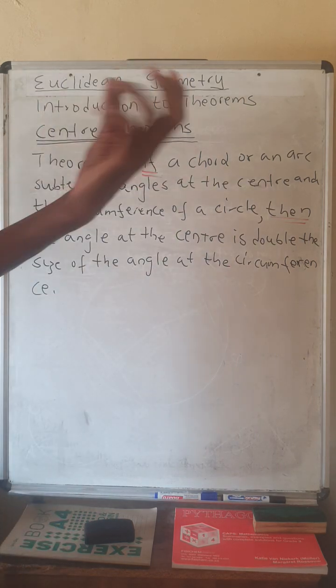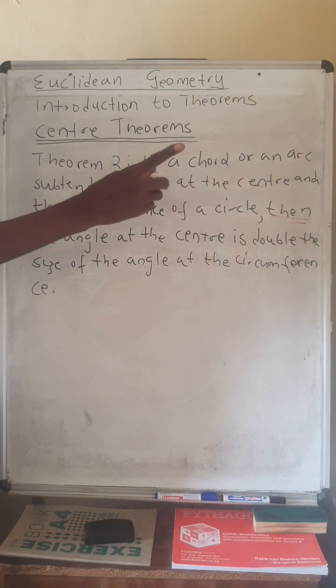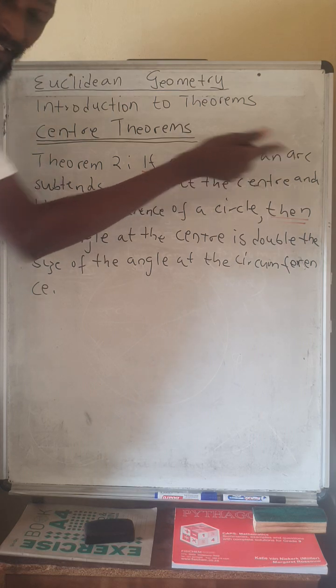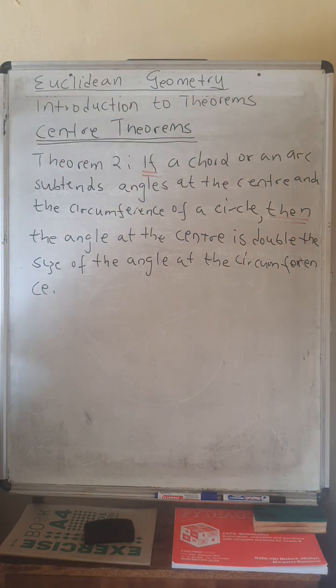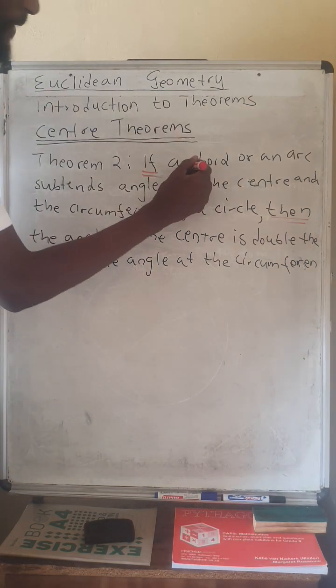So there must be two angles. Those angles must have been subtended by a chord or an arc. So let us start with a chord. Let us look at a situation where the angles are being subtended by a chord.